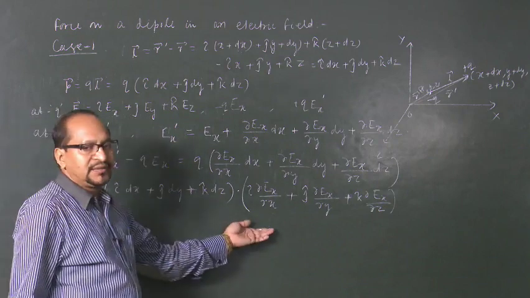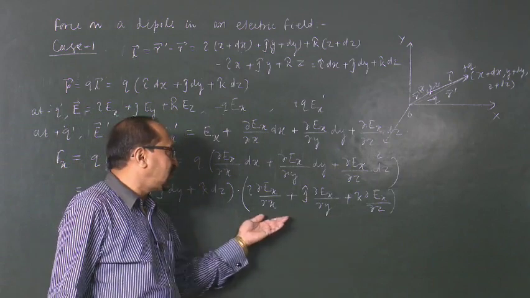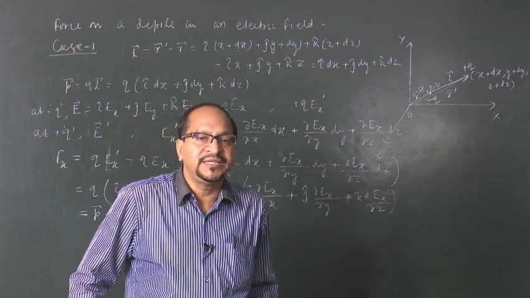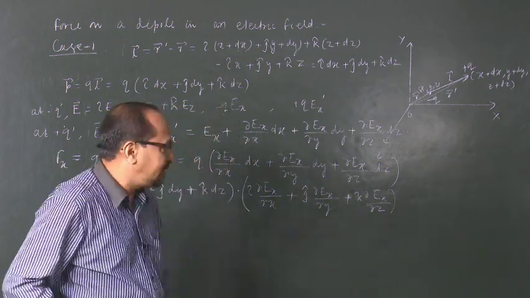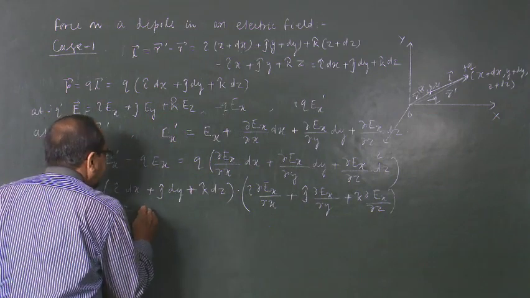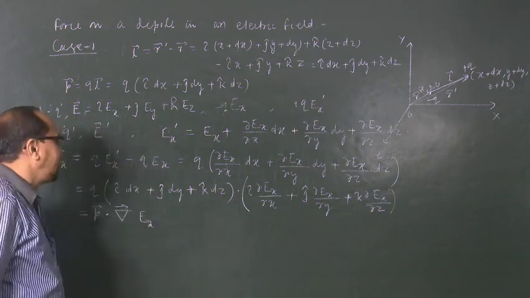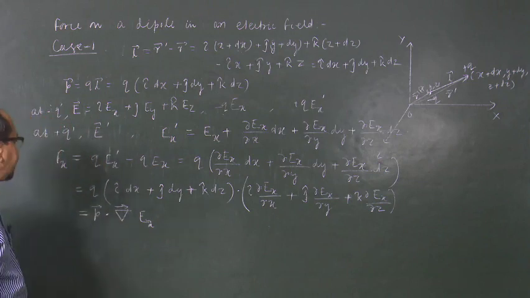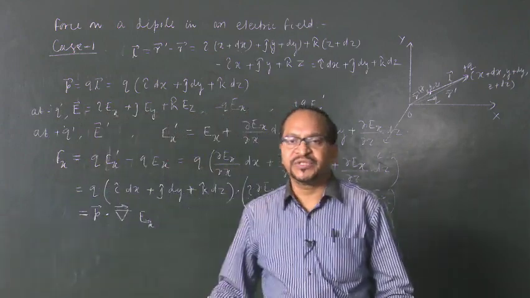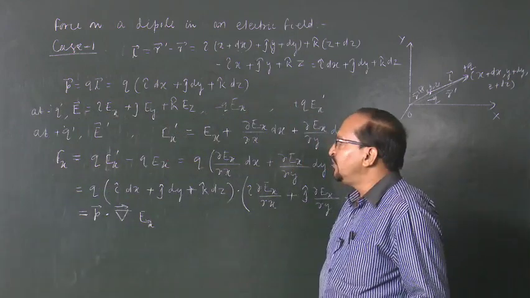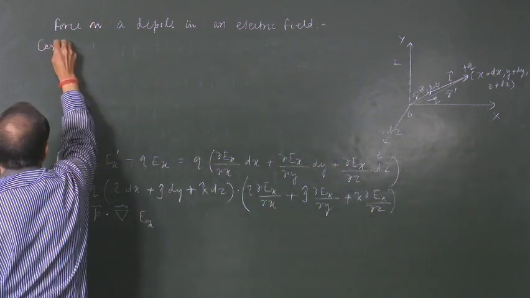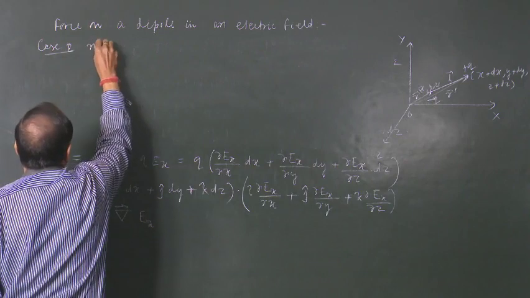We have already discussed this operator i cap del by del x plus j cap del by del y plus k cap del by del z as the del operator or the gradient operator. So this is P dot del operating over E x, the x component magnitude of the force acting on the dipole. So, this is case 2, non-uniform field.